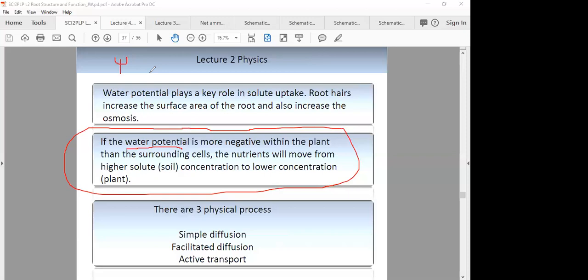But let's just focus at the beginning. What do we mean by the free energy of water? And if you're not sure, think about it like this.